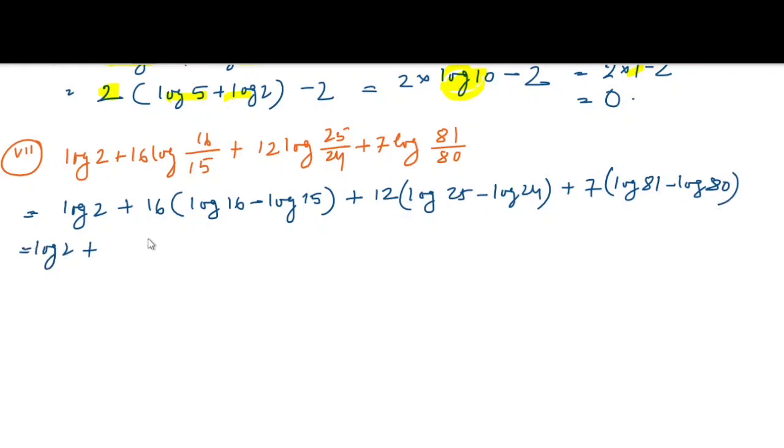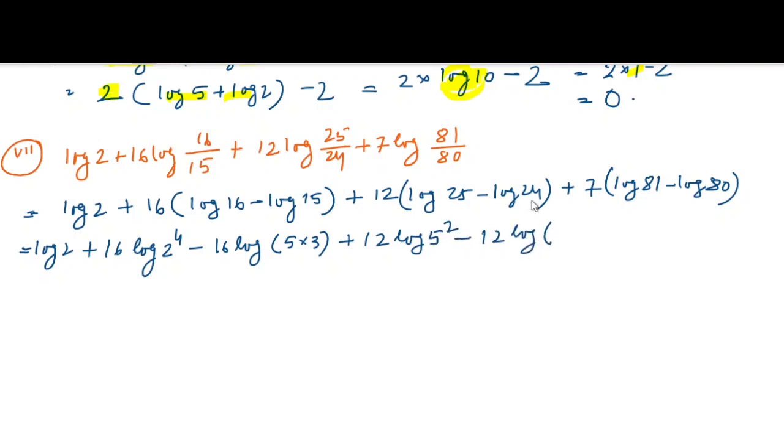Log 2 plus 16 log, we can write this one as 16 log 2 to the power 4 minus 16 log 15 can be written as 5 into 3 plus 12 log 25 is 5 square minus 12 log that 24 is, you can write 8 into 3 plus 7 log 3 to the power 4 minus log 8 into 10, and definitely here will be also 7.